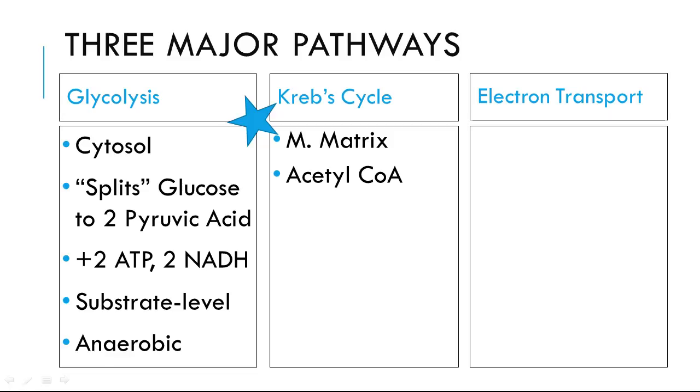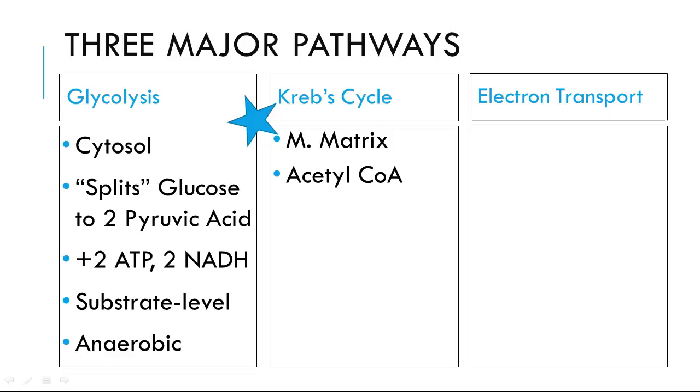So how much ATP is synthesized per turn? One. 1 molecule of ATP per turn. How much NADH? 3. 3 NADH. How much FADH2? 1. 1 FADH2.